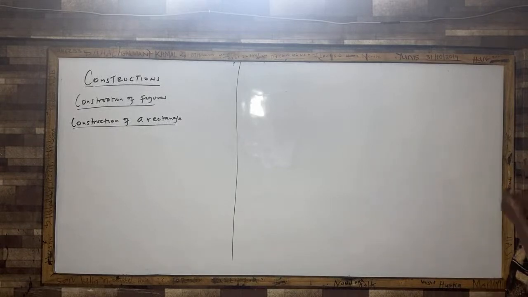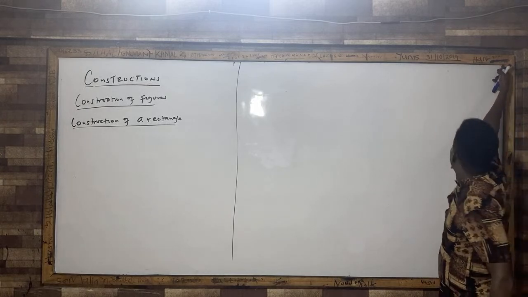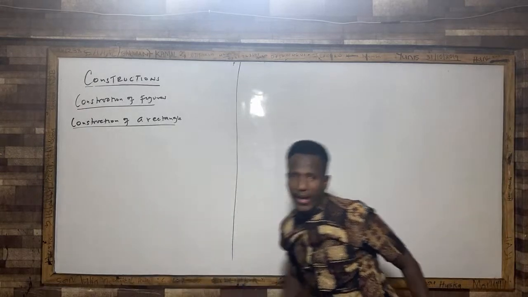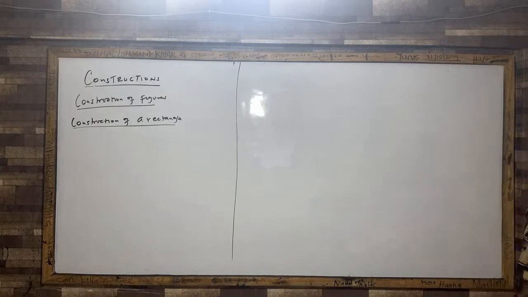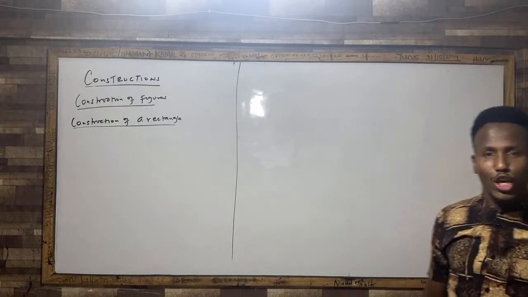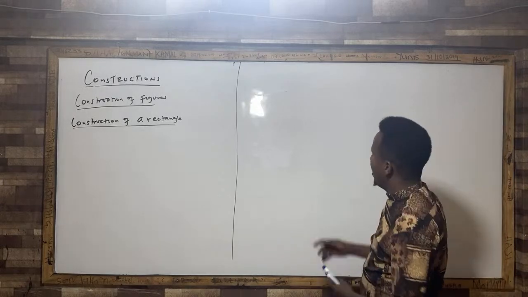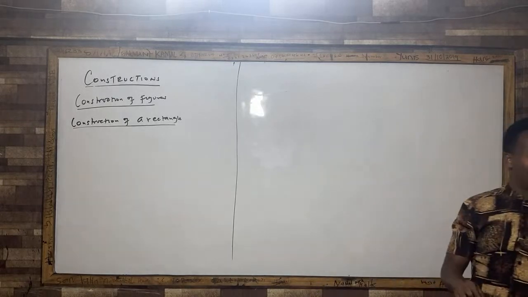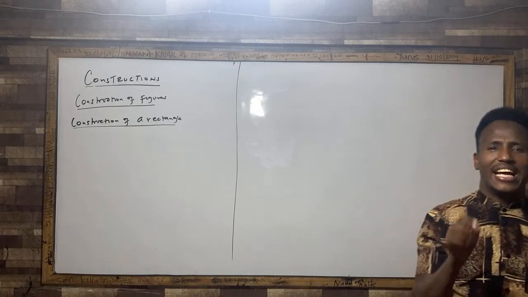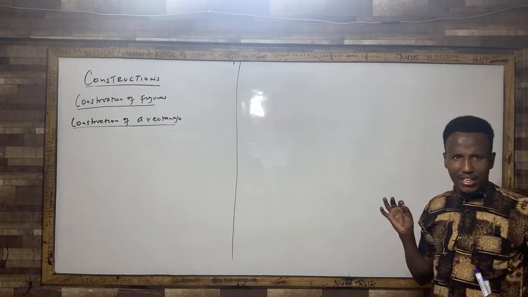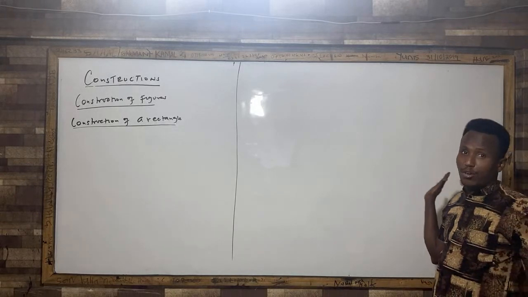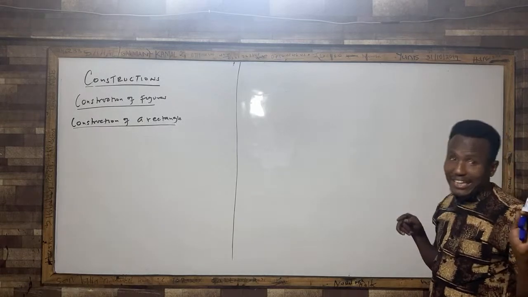Then, it also has two diagonals. One is here, another one there. Remember, the two diagonals of a rectangle are also equal. That's another property of a rectangle. Then the two diagonals of the rectangle do not bisect at right angles. Don't forget, they do not bisect at right angles, meaning they don't meet at 90 degrees.